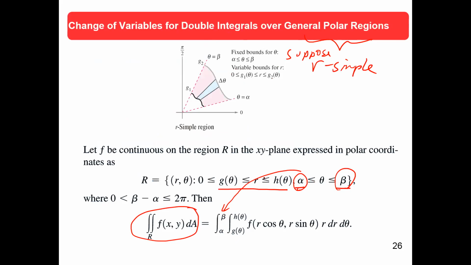And we put the functions in the inner layer. And then you replace x and y by r cosine theta and r sine theta. And you still follow with the r dr, because r would match h of theta, g of theta, and theta will be alpha and beta.